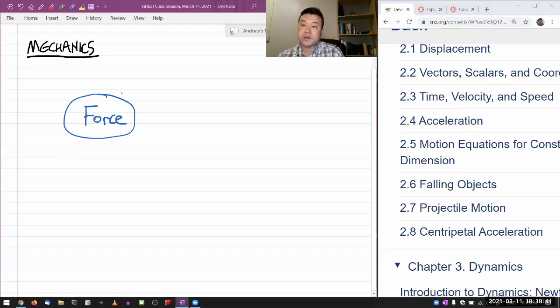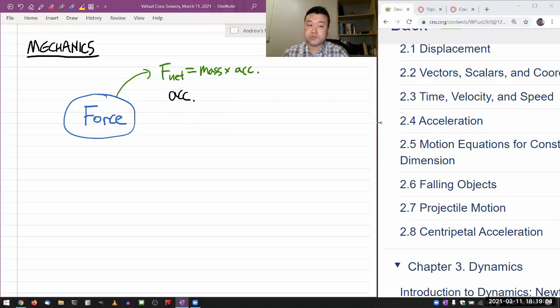Newton's second law says that net force is related to acceleration. So net force is mass times acceleration, or, in a way that illustrates the causation a little better, acceleration, through which we can describe all motion.